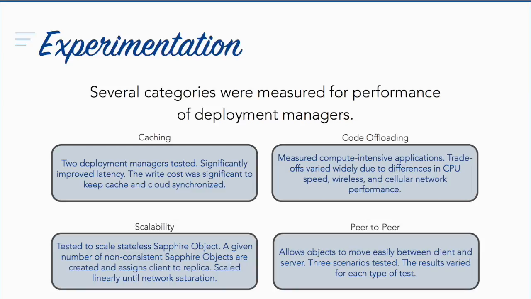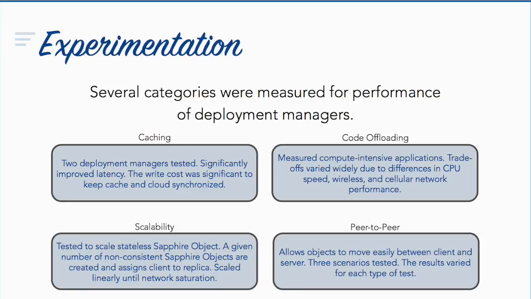For code offloading, compute-intensive applications were tested using code offloading deployment managers on 2 devices, the Nexus 7 tablet and the Galaxy S smartphone. So the trade-offs here varied widely between the 2, primarily based on differences in CPU speed, wireless, and cellular network card performance.